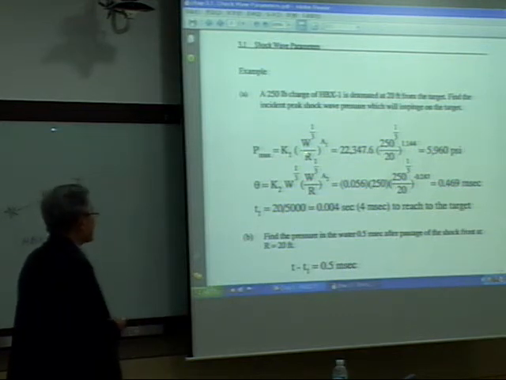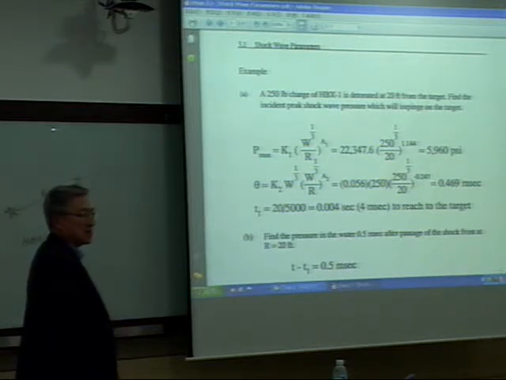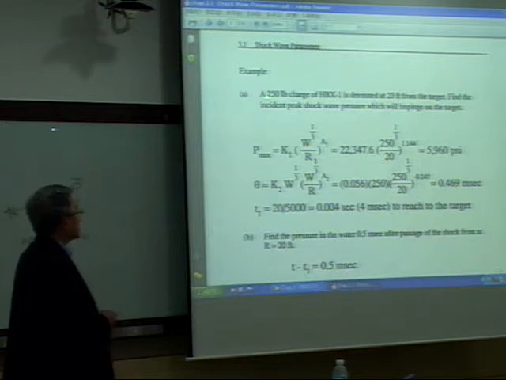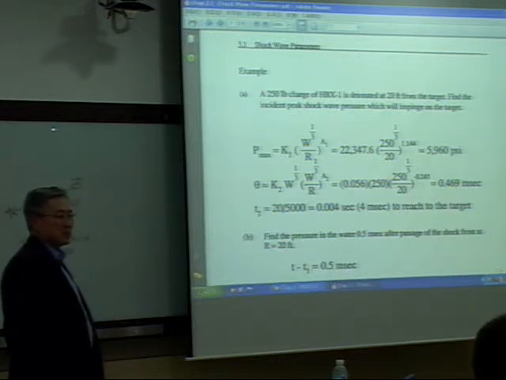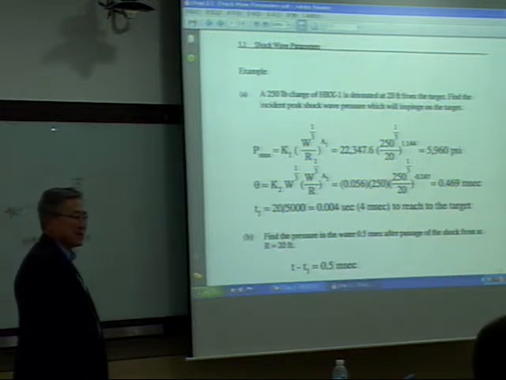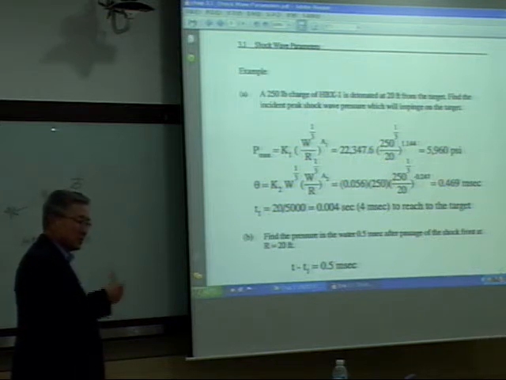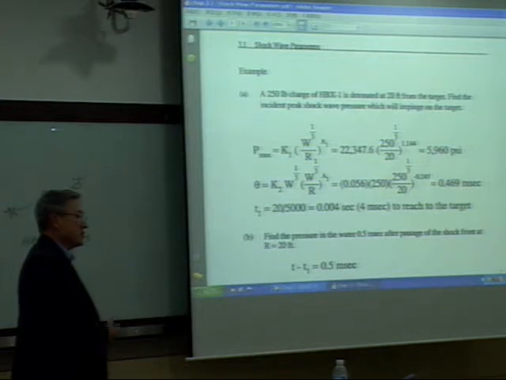Okay, anyway, so this equation, if you look at P max, get the feel, 6,000 psi. For this is only 250 pounds. Okay, Cheonan naval ship, you are talking about 300 kilogram, which is about 600 pound.